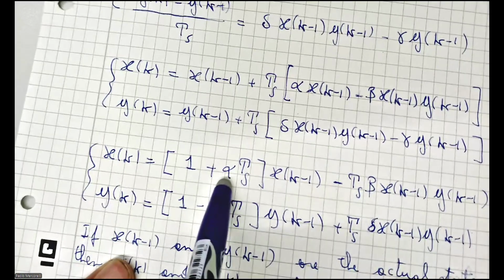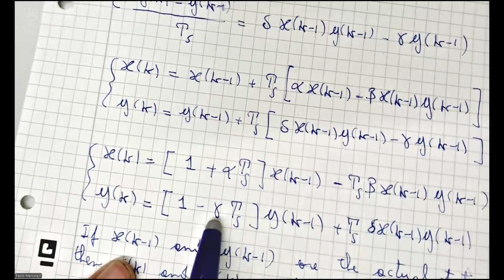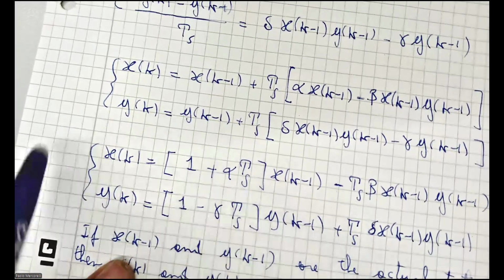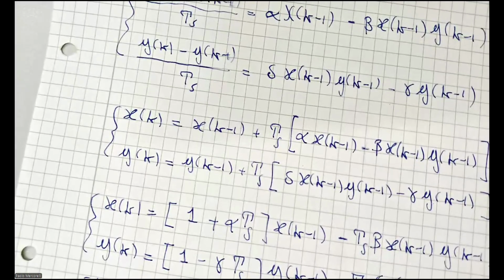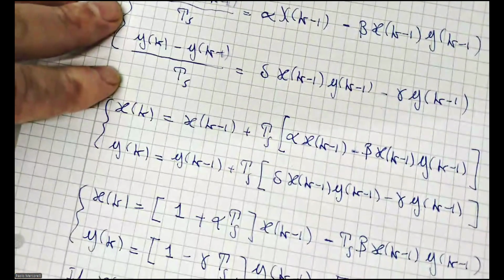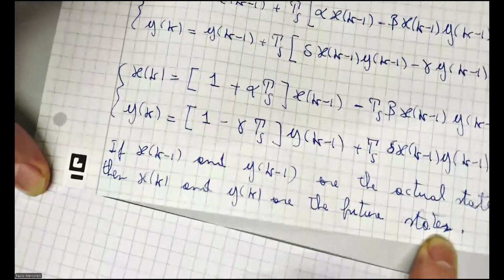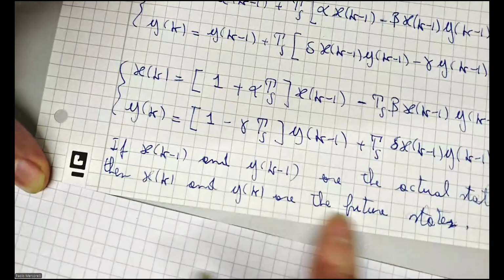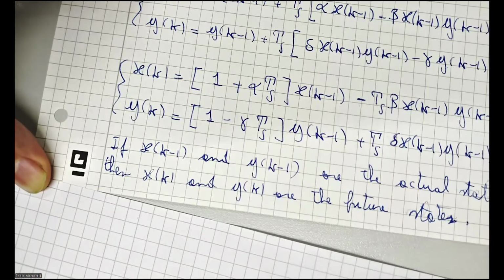But of course, I have to assume that I know alpha, beta, gamma, and delta. Otherwise, I cannot predict, or I can predict with larger uncertainties. As I told you, the future states. I will upload this slide in my study.